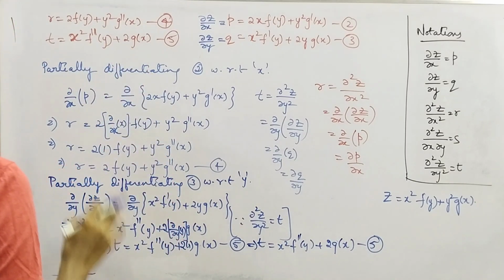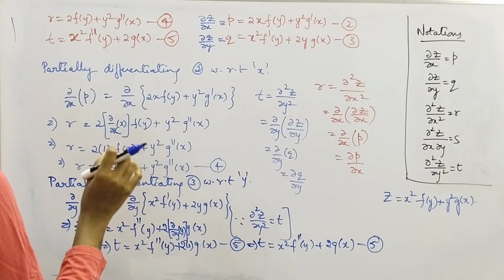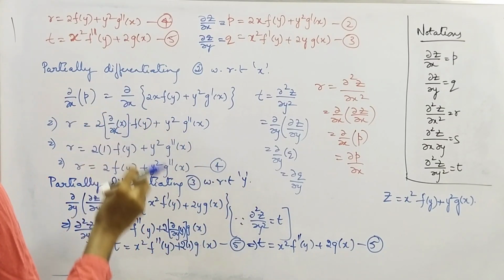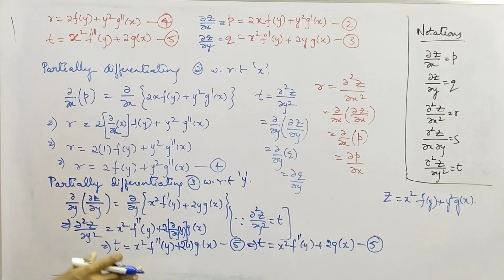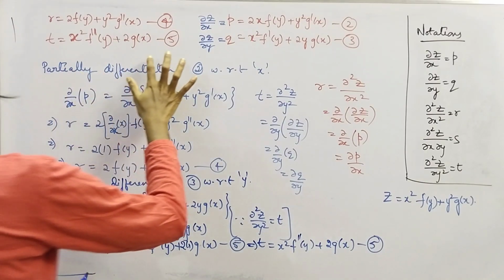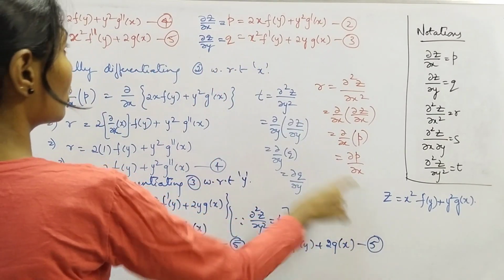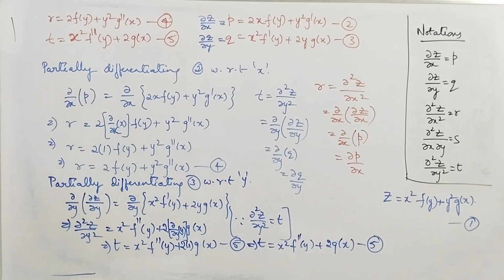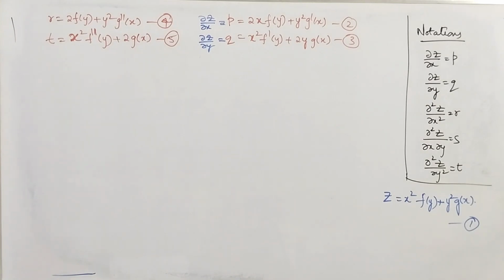We didn't find any similarity, so what we'll do is we'll find s also, because it's not possible to find a partial differential equation using these 5 equations. So in this problem there is no possibility for substitution using these 5 equations. So now we are going to find s.